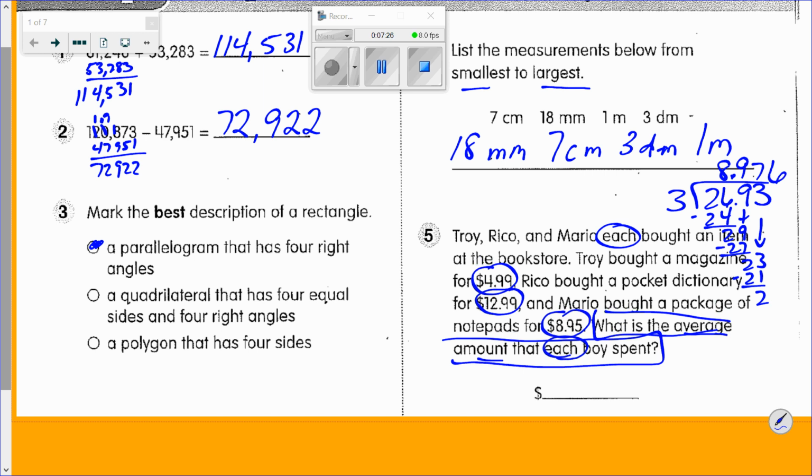So because we're talking American money, how many decimal places? 2. So I'm going to round, meaning the 7 becomes an 8. So it is $8.98.